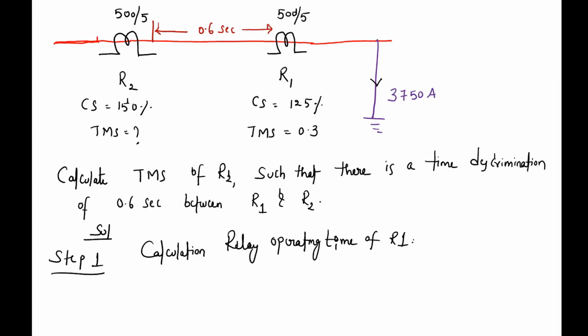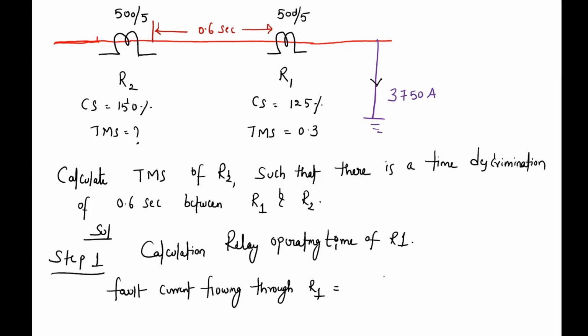To calculate the relay operating time, what we require first is the PSM value, the plug setting multiplier. First, what is the primary fault current? The primary fault current is 3750. What is the current that flows through the relay, the fault current flowing through relay R1?